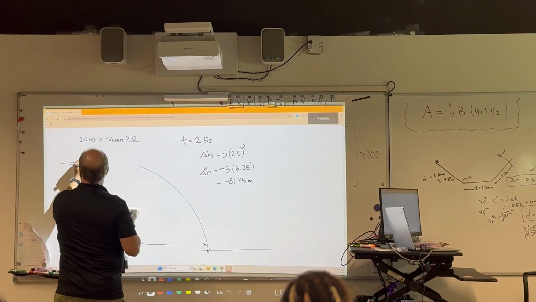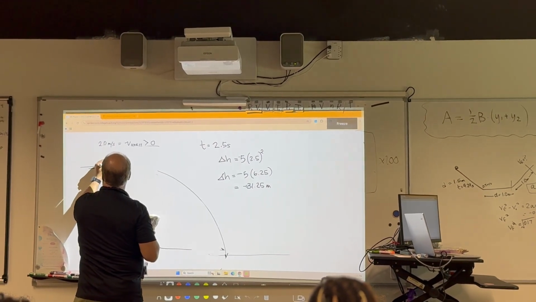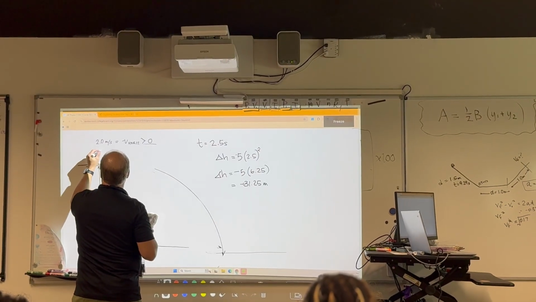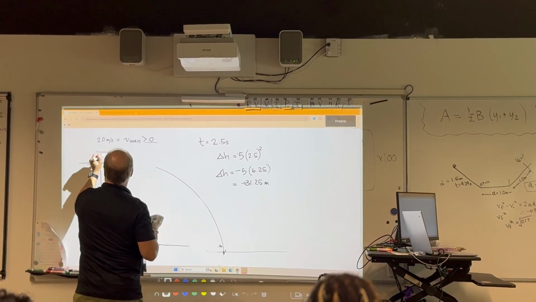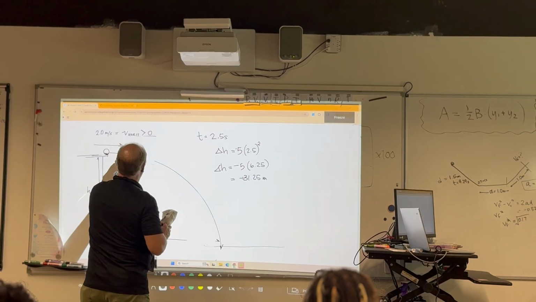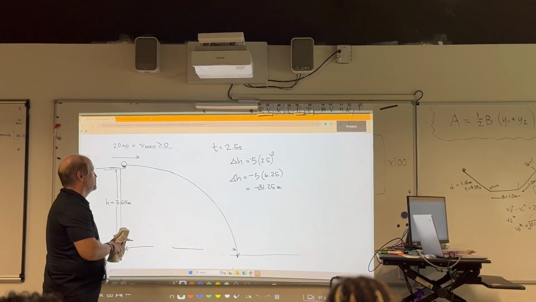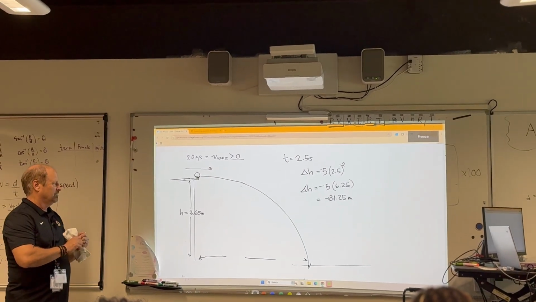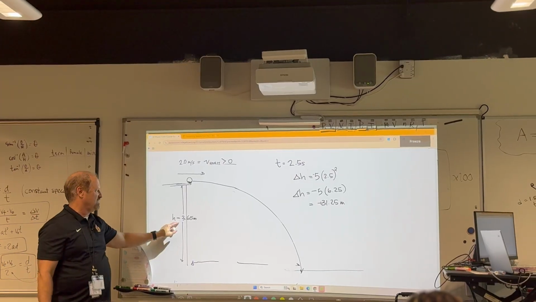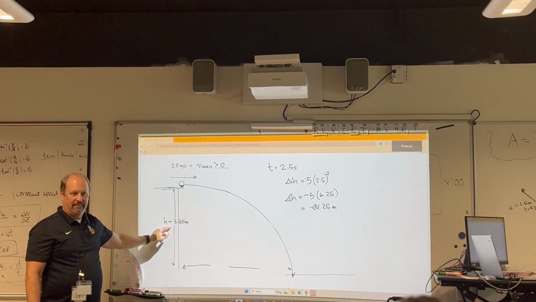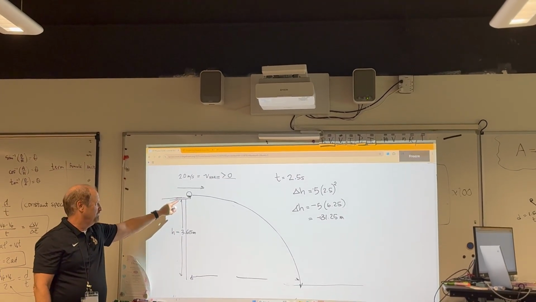So a ball leaves the side of the table with a velocity of 2 meters per second. Okay, the height is 3.65 meters that it falls from.